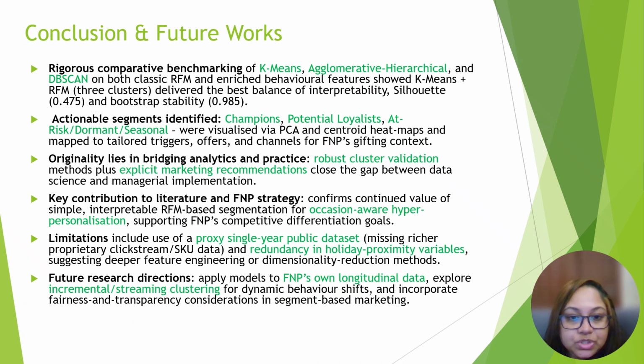So coming to the conclusion and future works inspired by this research. This research allowed a rigorous and comparative benchmarking of k-means, agglomerative hierarchical and DBSCAN on both classic RFM and enriched behavioral features, enriched RFM as well.